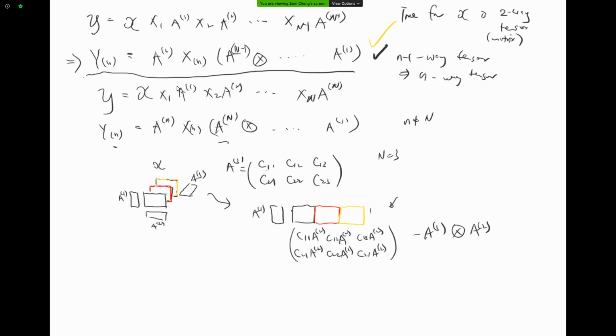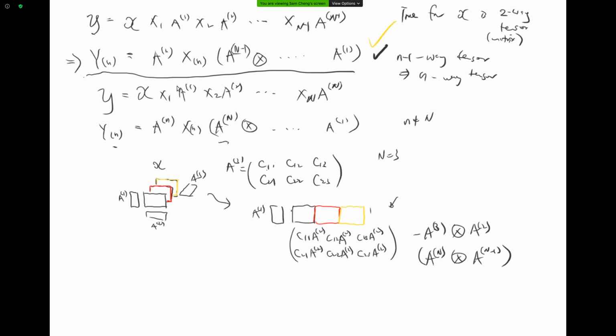Here I write A3 and A2. Sorry, this is a bit messy. A3 times A2 here. Of course it should be something like AN and AN minus 1. For illustration, I'm drawing A3 and A2, but in general it should be AN and AN minus 1.